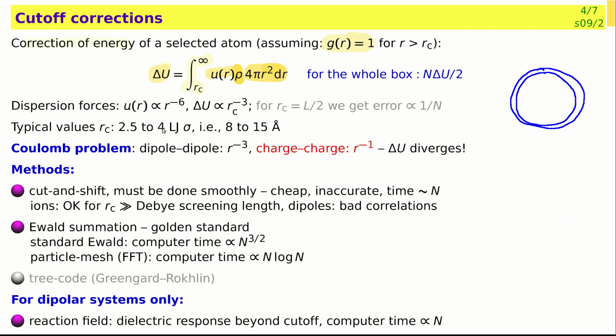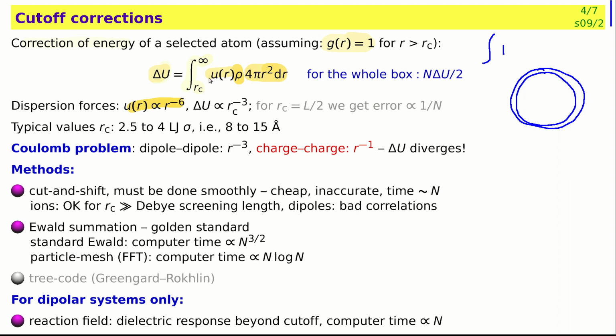Okay. The dispersion forces, the main attractive part of the Lennard-Jones potential, behave like the distance to the power of -6. It looks fine.